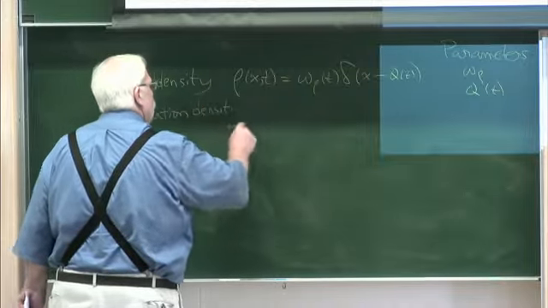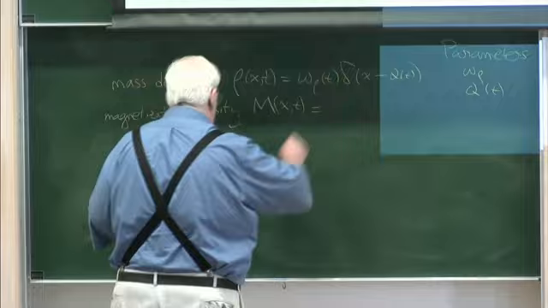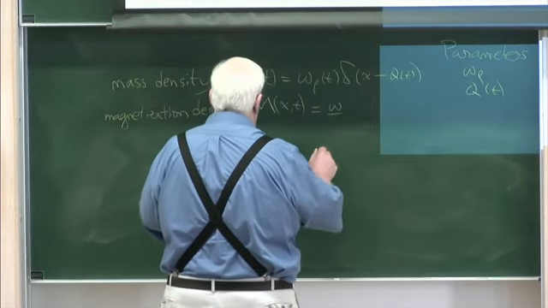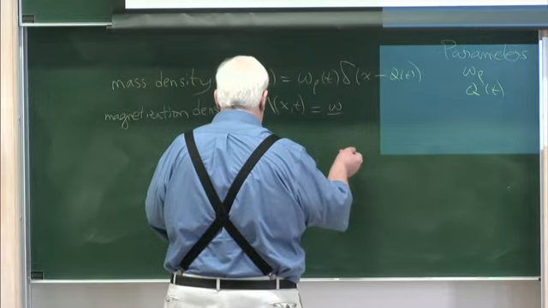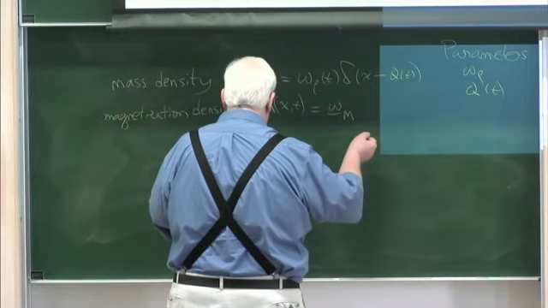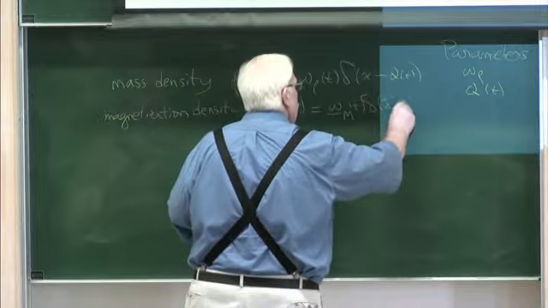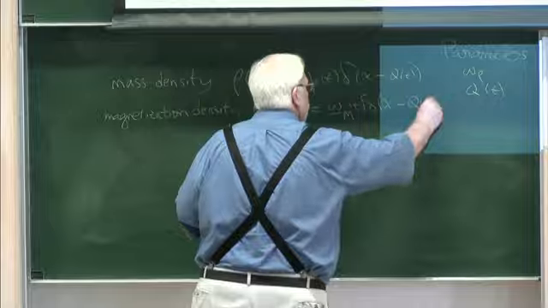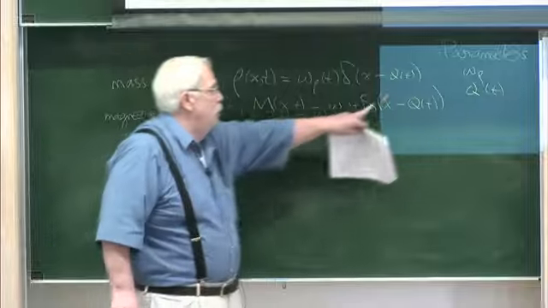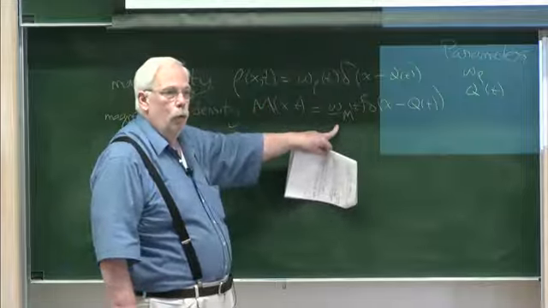Magnetization density m of x and t is equal to a vector weight w sub m of t times the delta function of the same position. So these are particles that are moving along at the same position, and they're carrying mass and a weight of magnetization.